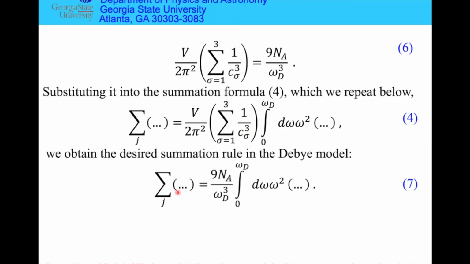So to sum any expression that depends on the quantum number of one particle, I need to integrate over frequencies that represent its energy, from 0 to omega D with weight omega squared, and the coefficient that determines the number of degrees of freedom of the crystal is 9Na divided by omega cubed D. Omega D is a free parameter of the theory.